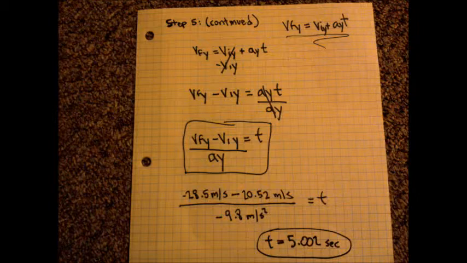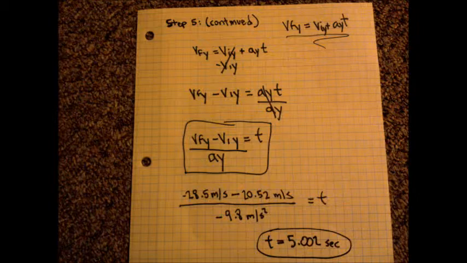So now that we know the equation, you just plug in numbers. Since it's negative 28.5 minus 20.52, and they're both negative, negative plus a negative, you just add them up.